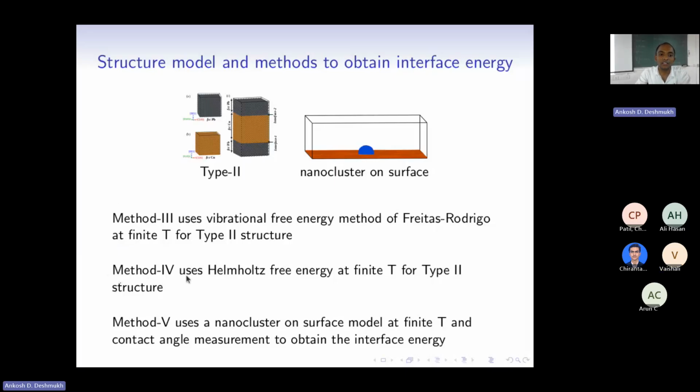In methodology 4, we use the Helmholtz free energy, which is calculated at finite temperature using the same type of interface structure. And in methodology, we will discuss, that is the second figure, which shows we have some nanocluster drop which is solidified at finite temperature and placed on the substrate of one of the materials.